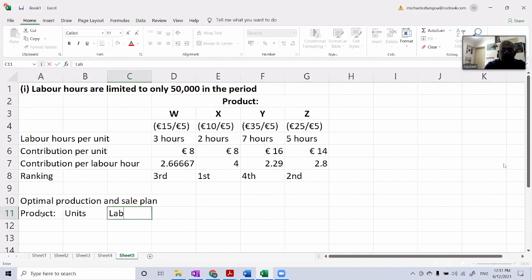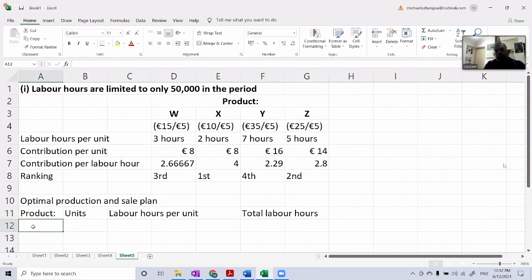Now, constraint here is labor hours per unit, total labor hours.